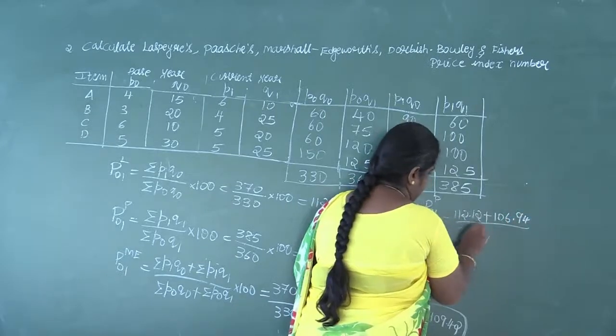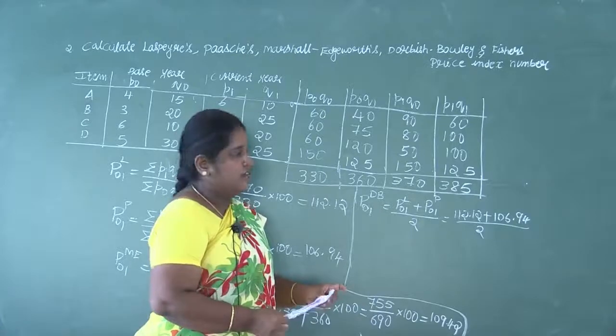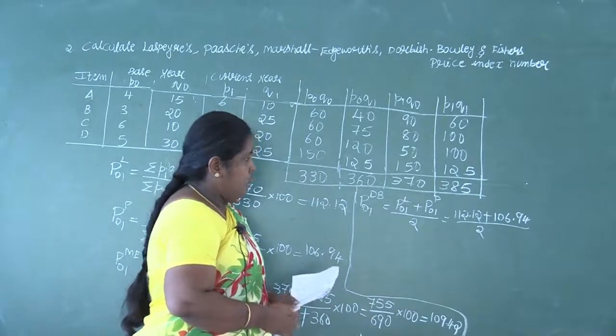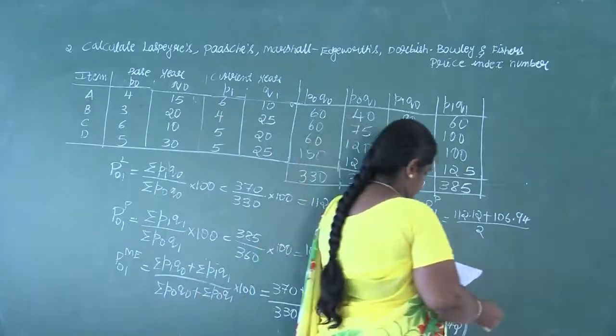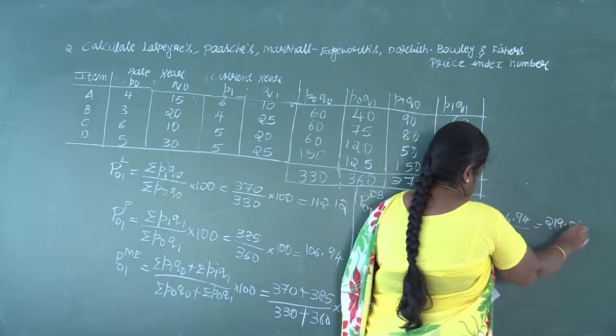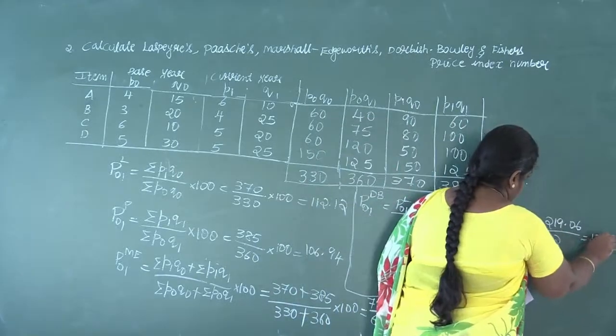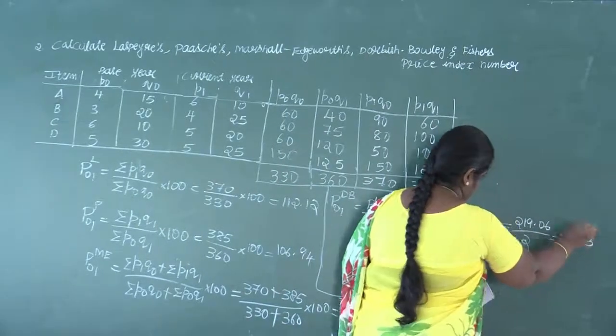You have to add, then divide by 2. So when we add the numerator, that is 112.12 and 106.94, we'll get 219.06 divided by 2. We'll get 109.53.